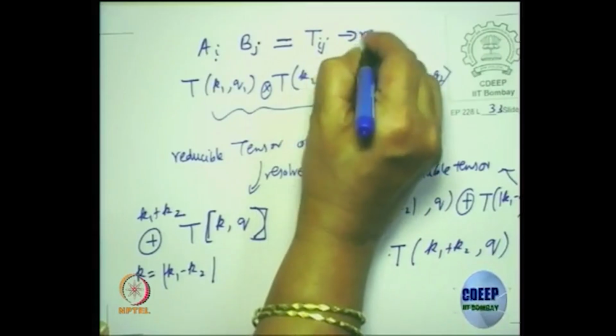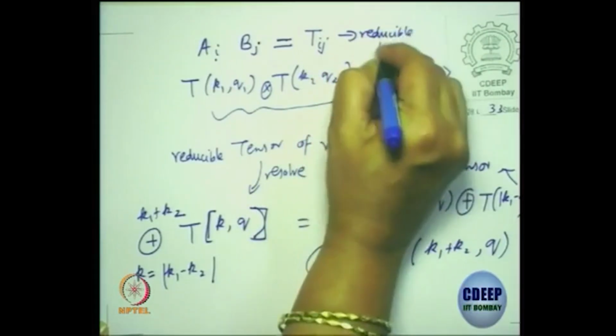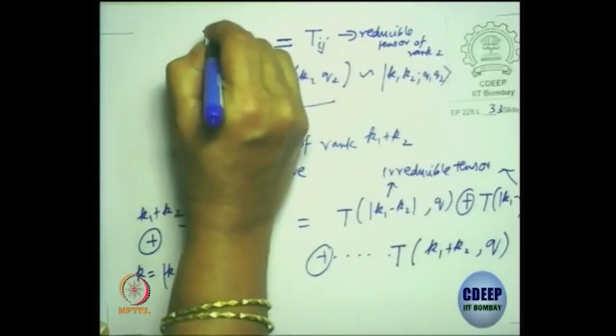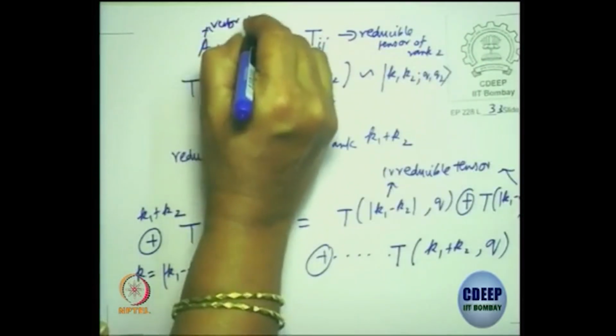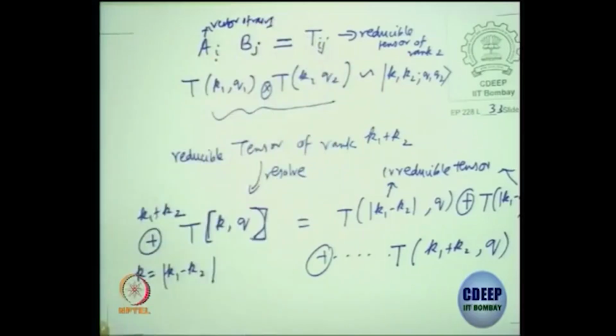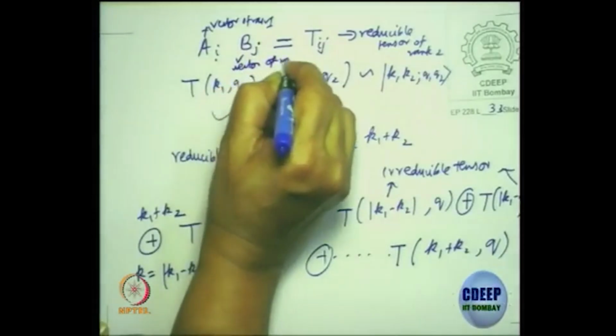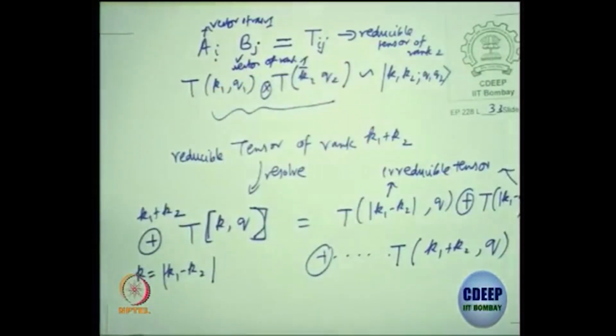This is a reducible tensor. This is a vector of rank 1. You understand what I am saying? This is also a vector of rank 1. You had two vectors of rank 1. You took a tensor product of two vectors and you got a raw tensor of rank 2. That's called a reducible tensor.